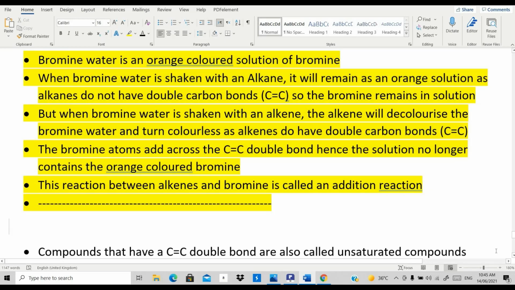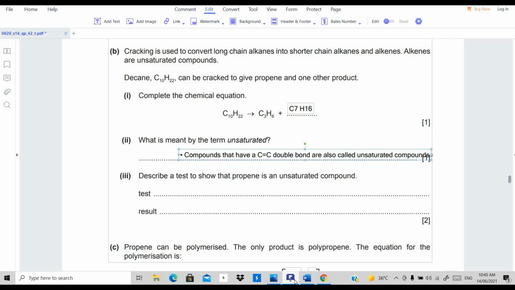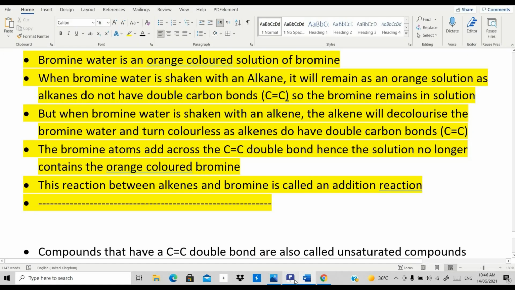We are using bromine water, aqueous bromine. Bromine water is an orange colored solution of bromine. When bromine water is shaken with an alkane, it will remain as an orange solution, as alkanes do not have carbon-carbon double bonds.